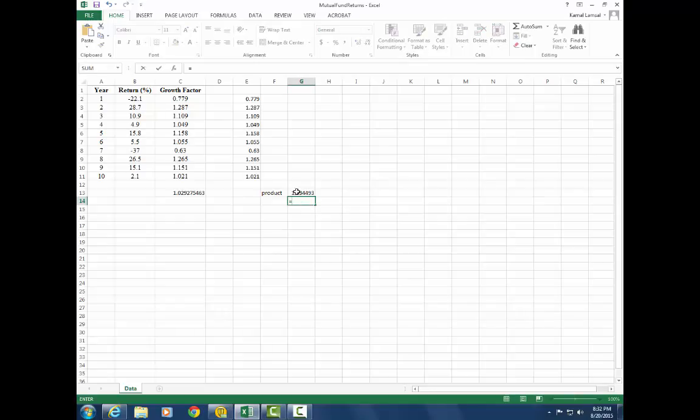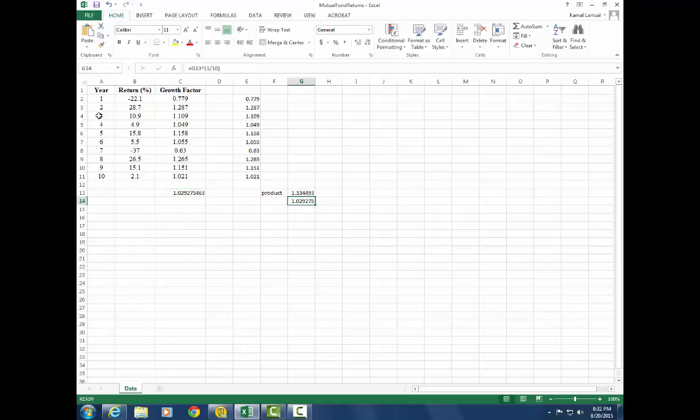To calculate the 10th root, I do this, power 1/10. This is equivalent to taking the 10th root, so you get the same value. Okay, that's how you calculate the geometric mean.